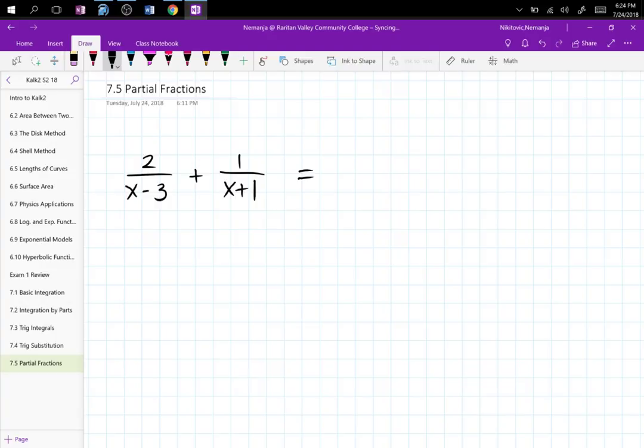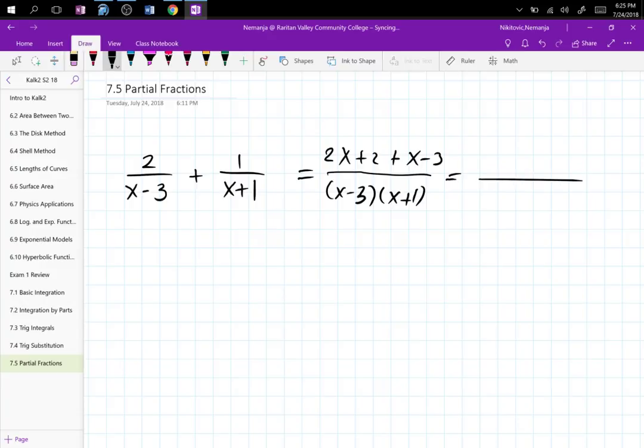If you have this in algebra, you would find the common denominator and you would add these into a single fraction. So the denominator would be x minus 3 times x plus 1, and the numerator would be 2x plus 2 plus x minus 3.